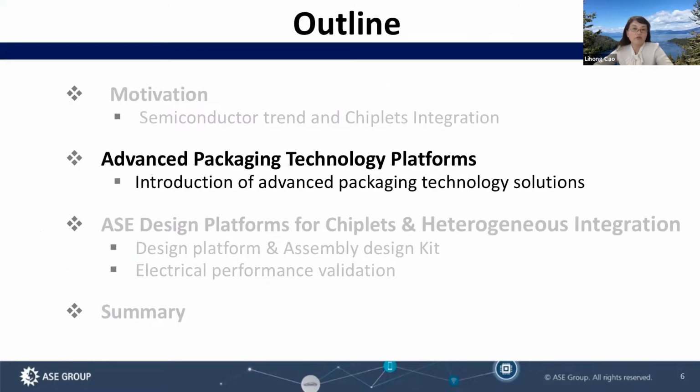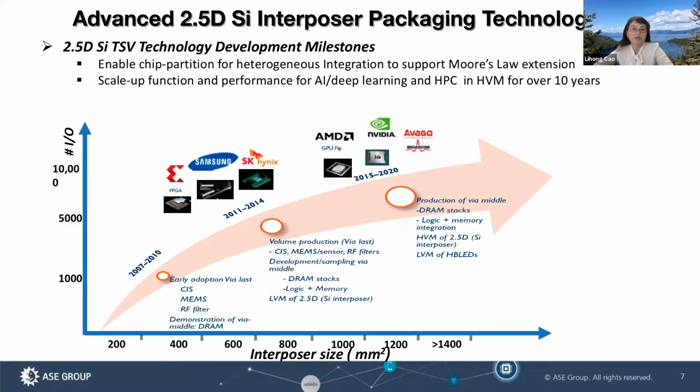So now I will move to the second part of my talk, advanced packaging technology. The advanced 2.5D silicon TSV interposer packaging technology has been used to integrate multiple chips for HPC application in mass production in the market. If we look at the 2.5D silicon interposer packaging technology history, there are 3 waves.